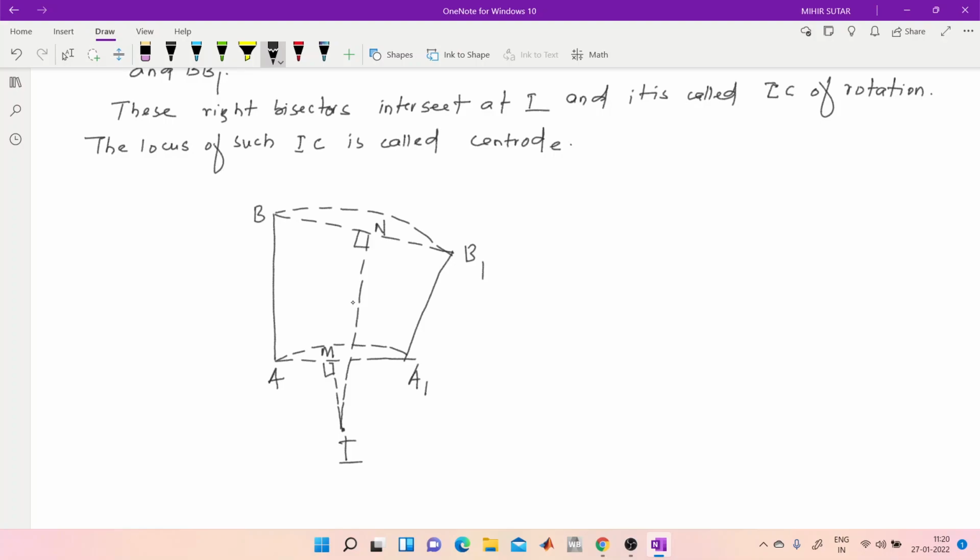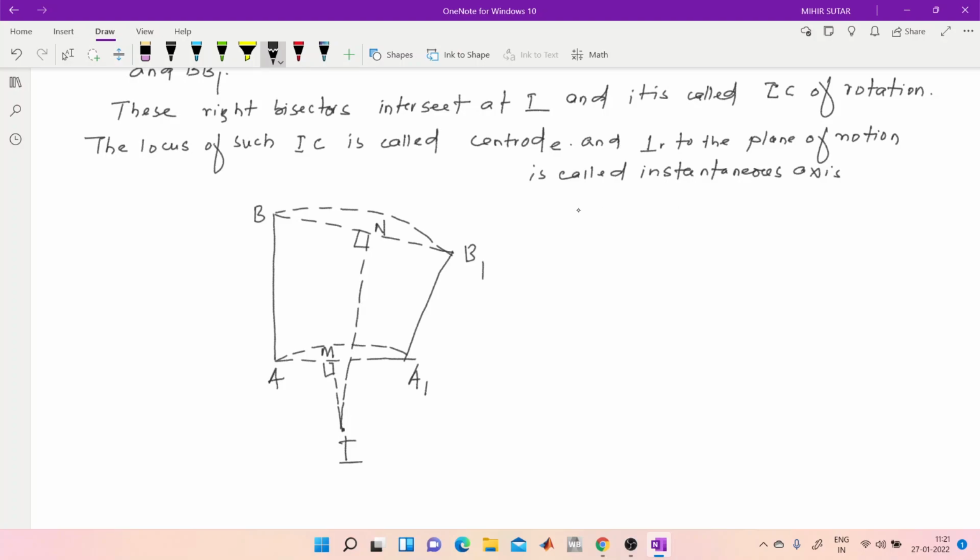Then you can write: the axis perpendicular to the plane of motion is called the instantaneous axis.